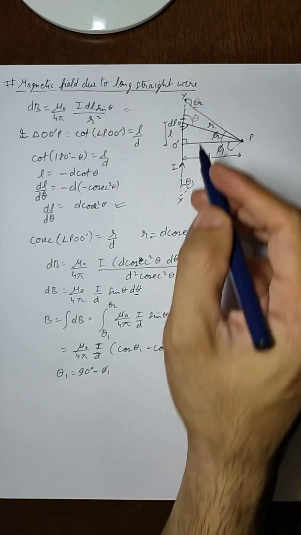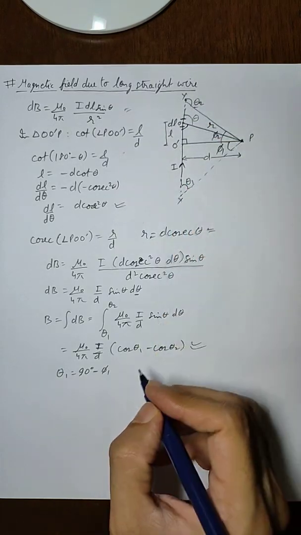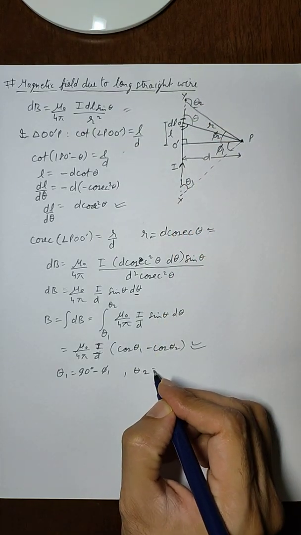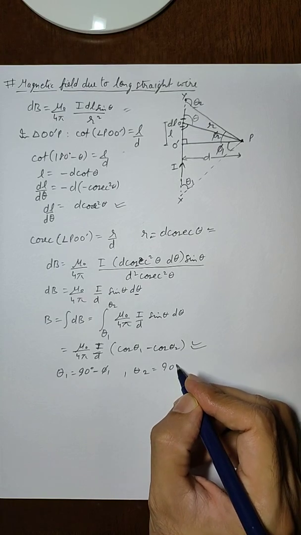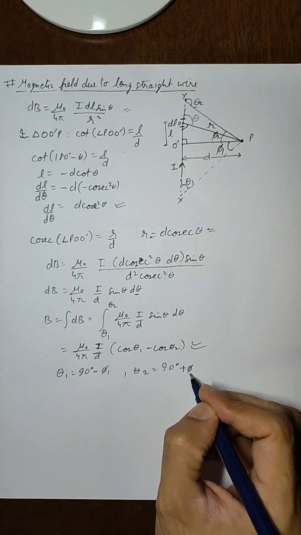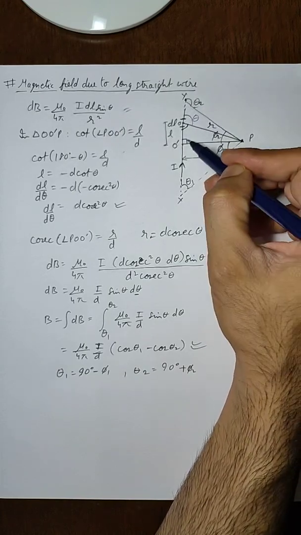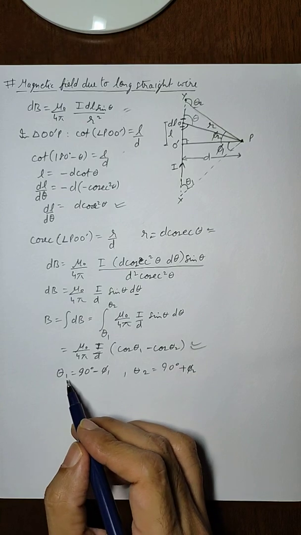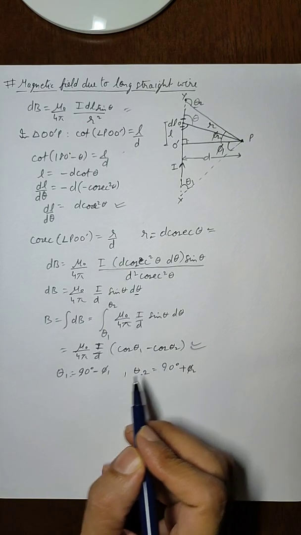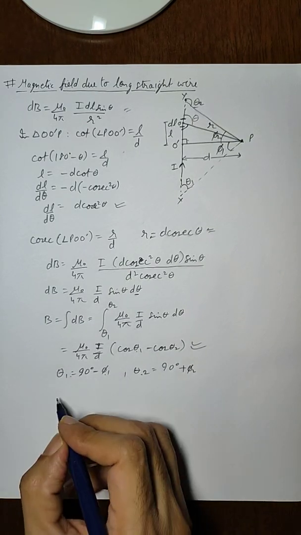And from the triangle Y O dash P, we can write that theta 2 equals 90 plus phi 2, because theta 2 is the exterior angle of this triangle. So we will have theta 1 and theta 2 in the form of phi 1 and phi 2, and we can replace it here.